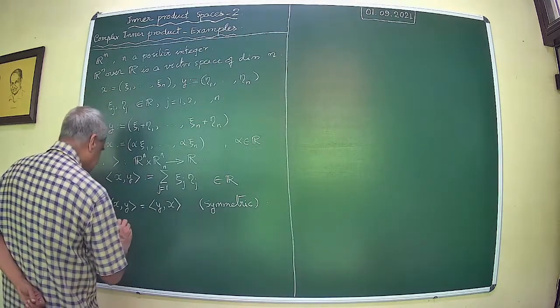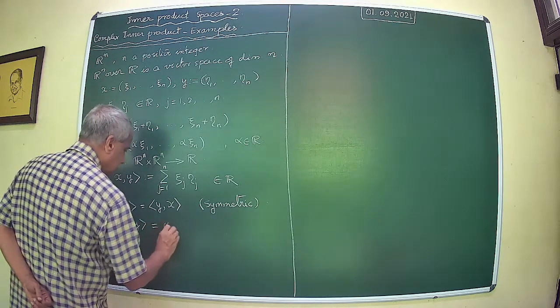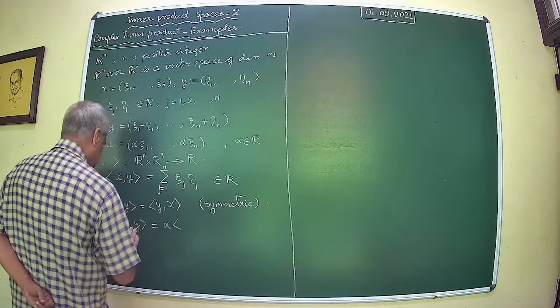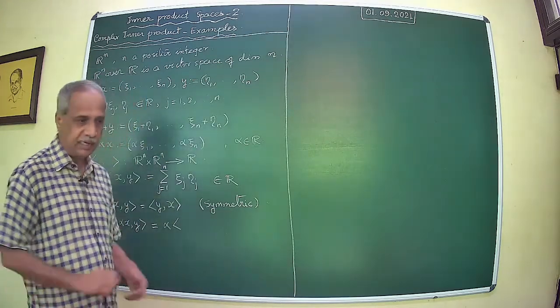The second property is that alpha x, or I will put it this way, combine both and then write.